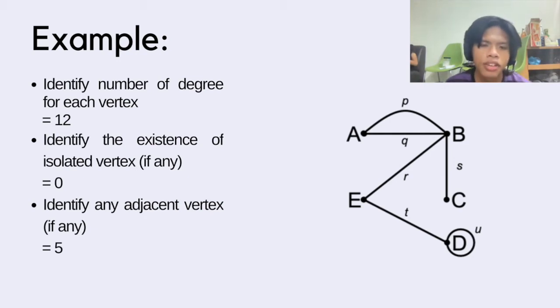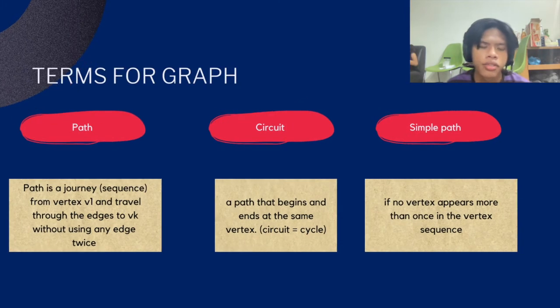Okay, now let's go on to the other terms for graph. The first one is the path. A path is a journey sequence from vertex V1 and travel through the edges to VK without using any edge twice. The next one is the circuit.